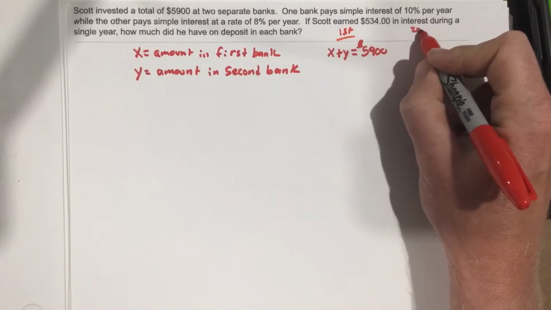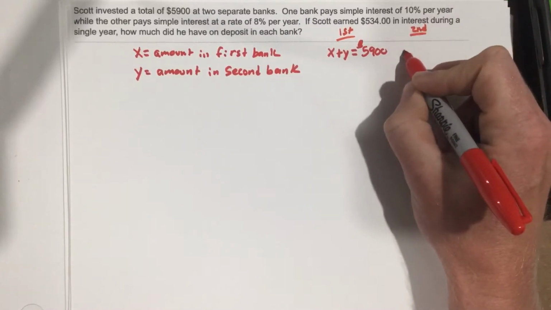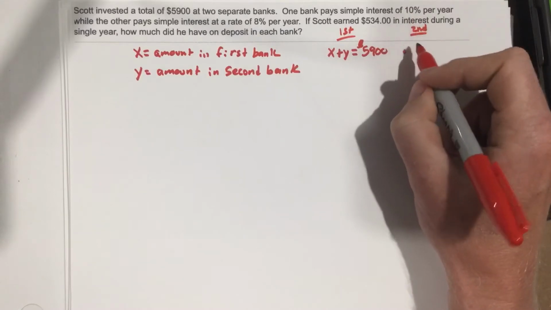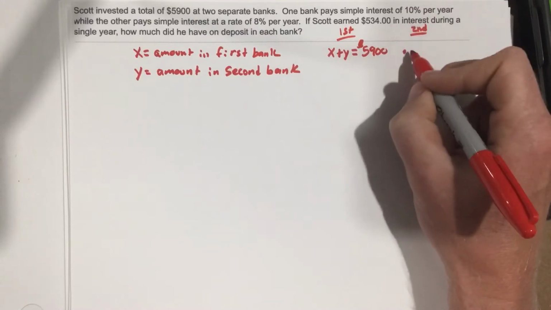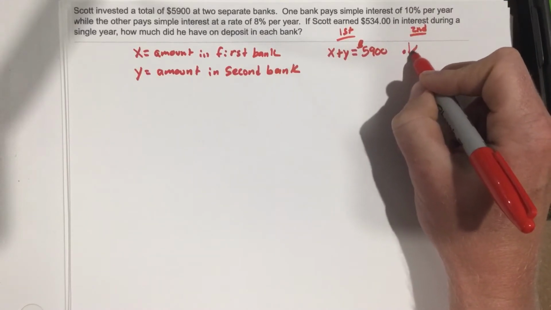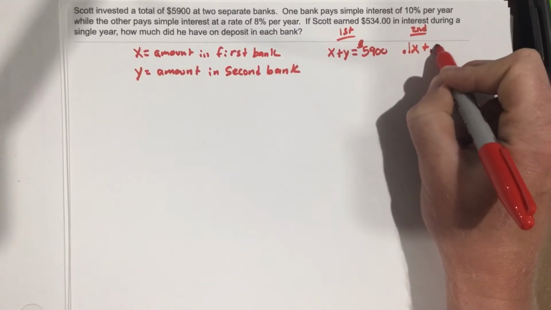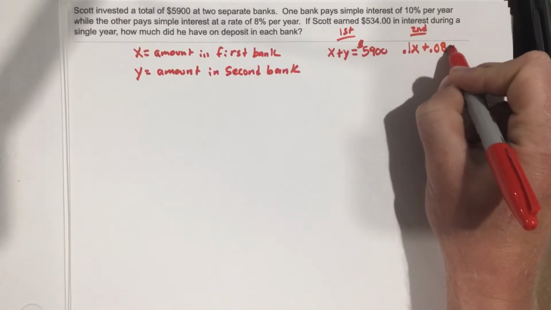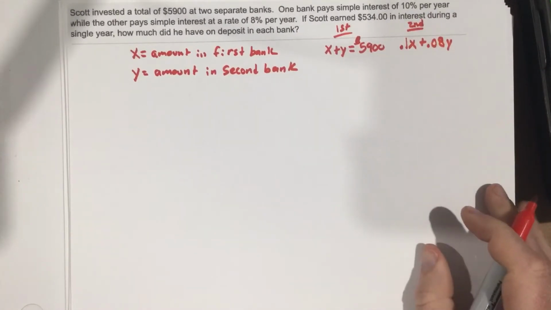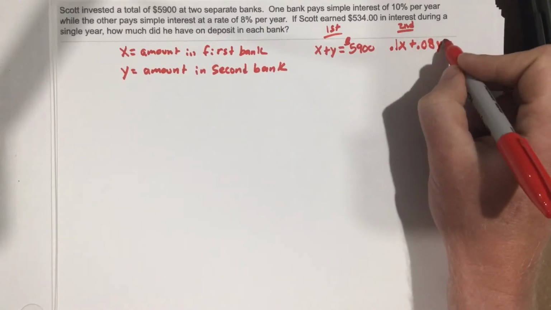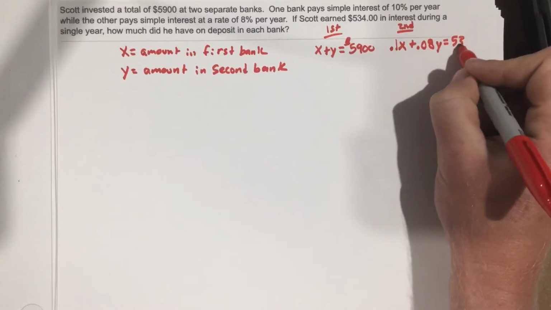The second equation then is, I got to use decimal numbers instead of the percentages. So 0.1 times X, which is our amount in the first bank, plus 0.08 times Y, which is the amount in the second account. That's got to equal 534.